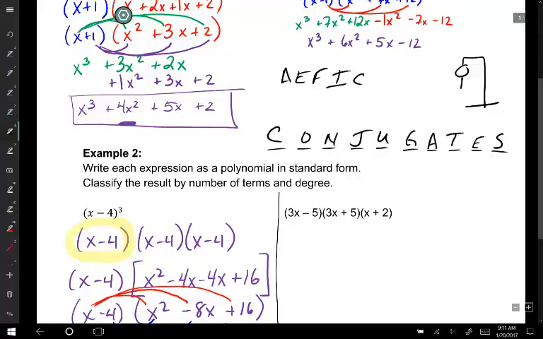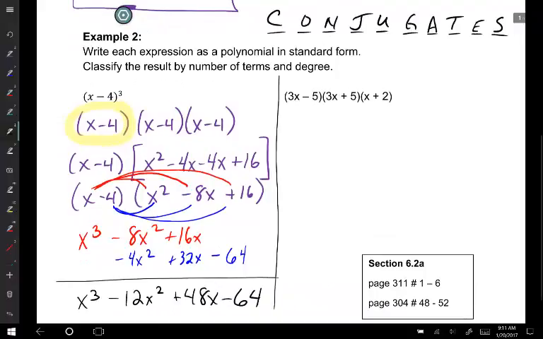Conjugates are special binomials that are exactly the same except for a plus and a minus. And so conjugates are wonderful things that we have. And when you multiply conjugates together, nice things happen. So let's take these two conjugates here, 3x minus 5 and 3x plus 5, and multiply them together.